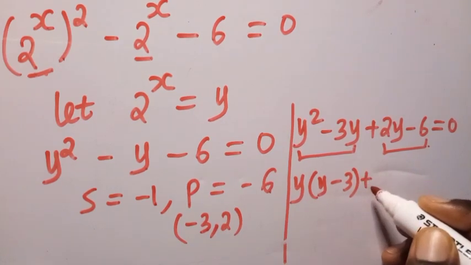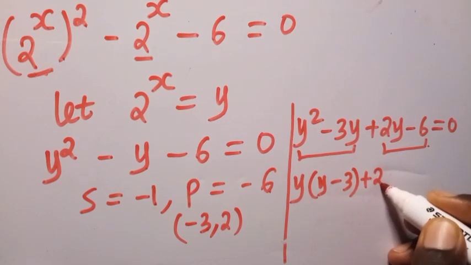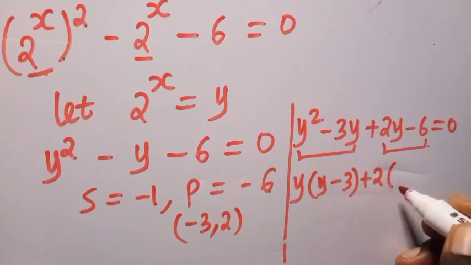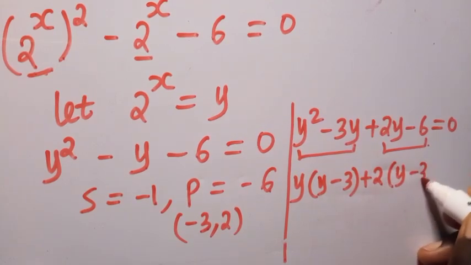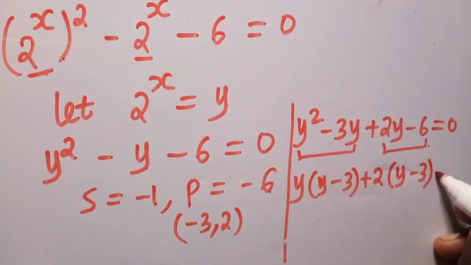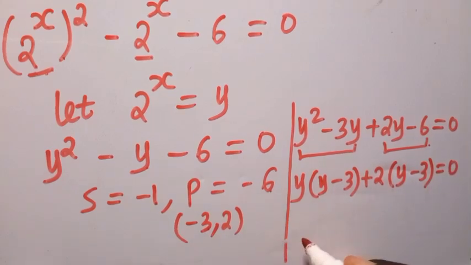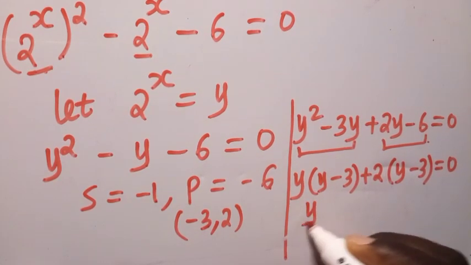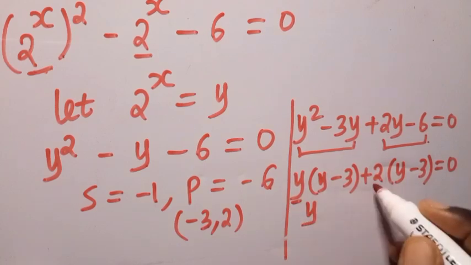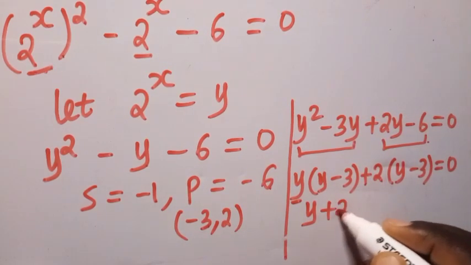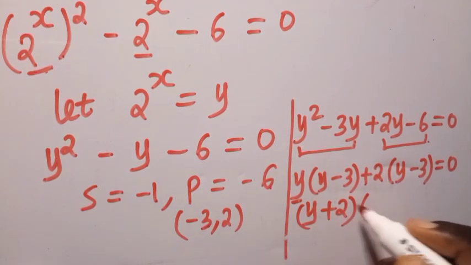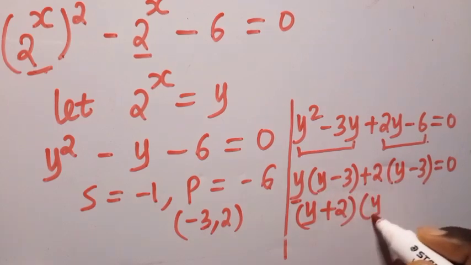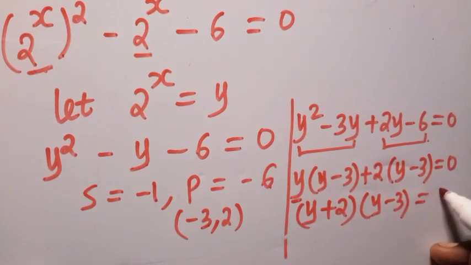And therefore, if I write 2 outside the bracket, then I will have y minus 3 inside the bracket, equals 0. Now, in this case, we shall have y plus 2, then y minus 3 equals 0.